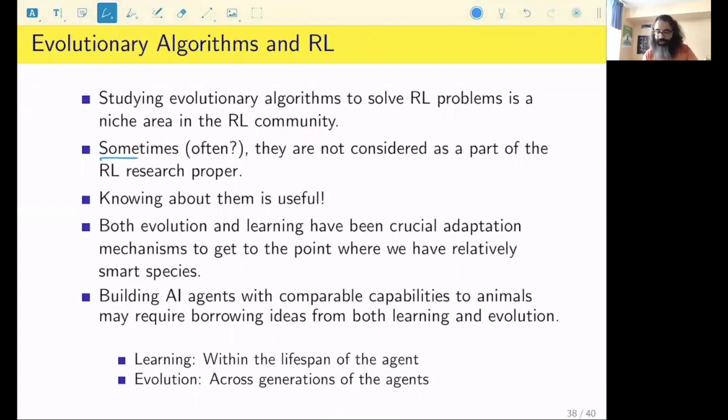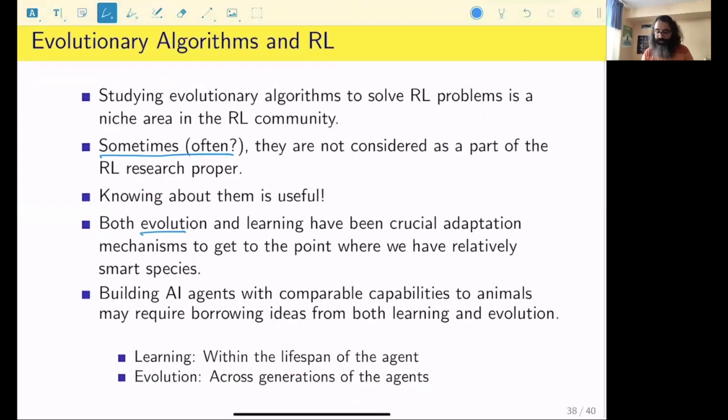Sometimes, or maybe often, they are not considered part of RL research, but I think knowing about them is useful for many reasons. Both of them can be used to solve the same problem, optimizing the performance of a policy. But beyond that, both evolution and learning have been crucial adaptation mechanisms in getting to the point that we have intelligent species.